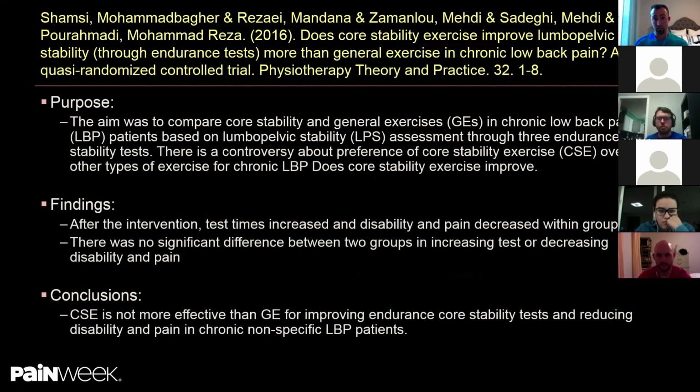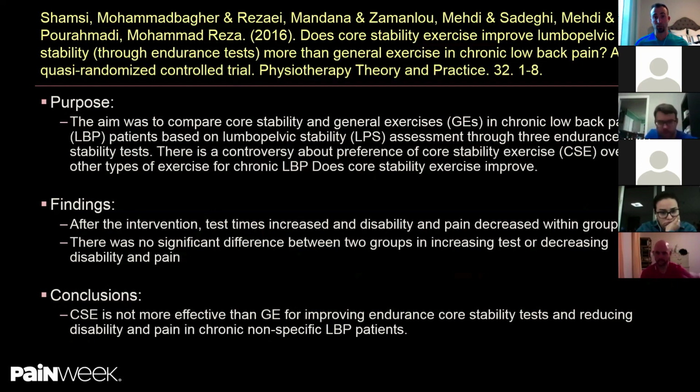And he compared the same type of core stability exercises with general exercise, and again found no difference in the improvements between lumbar extensor endurance, side plank type endurance, and rectus abdominis or curl up type endurance between these 2 exercise interventions.